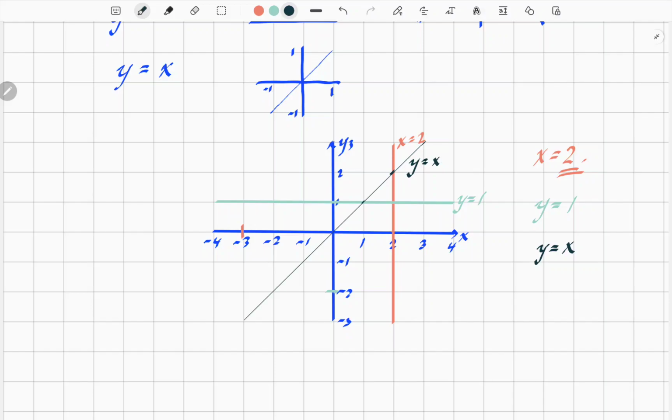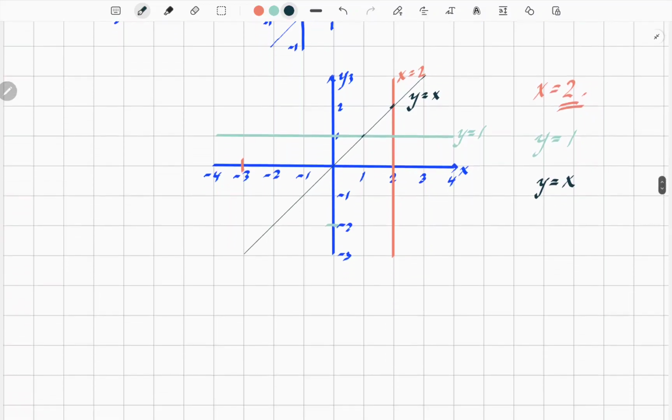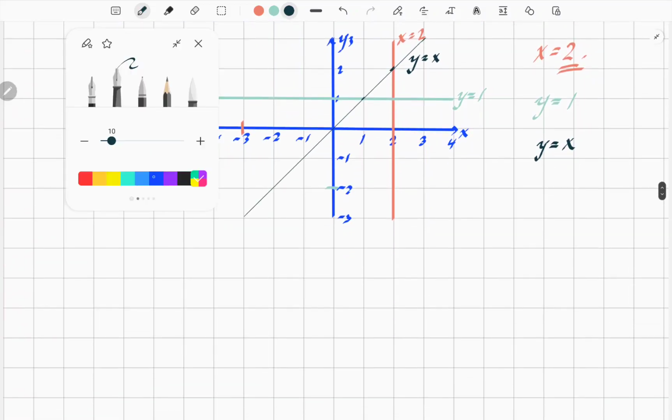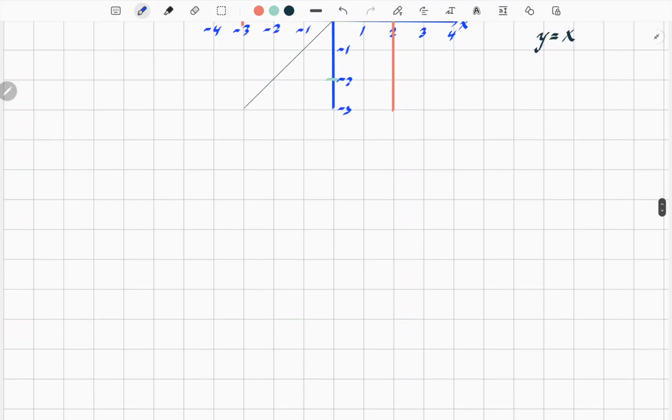So in reflections, always read the question carefully. The shape will usually be given to you, but then look at what line they want you to reflect it in. And the properties of a reflection are as follows.